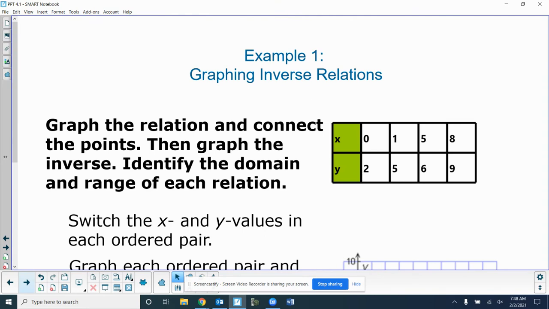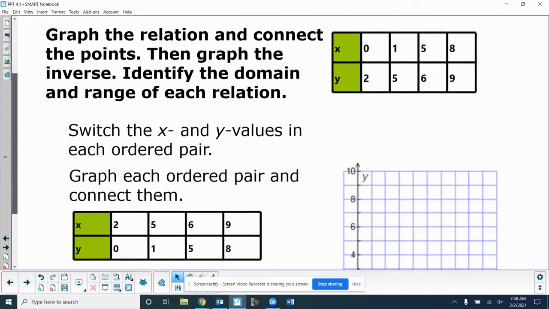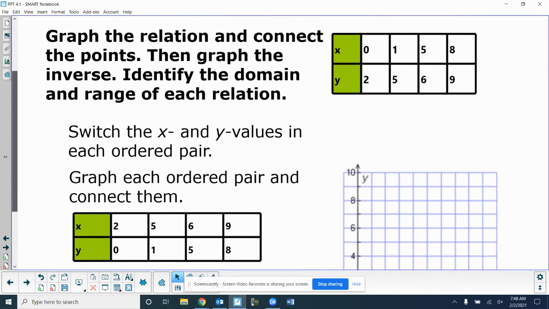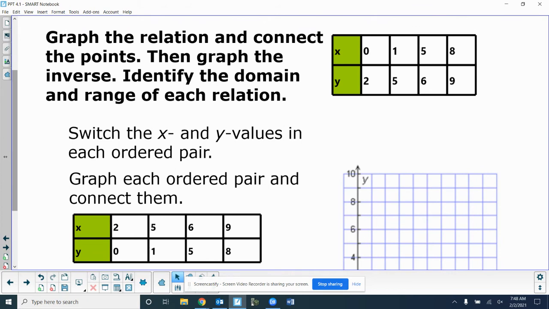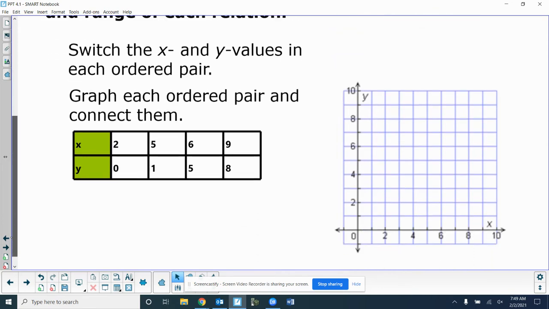So here's a relation. They plot the points (0, 2), (1, 5), (5, 6), (8, 9). If you want its inverse, you change all these y's and put them in for x, and all these x's and put them in for y.